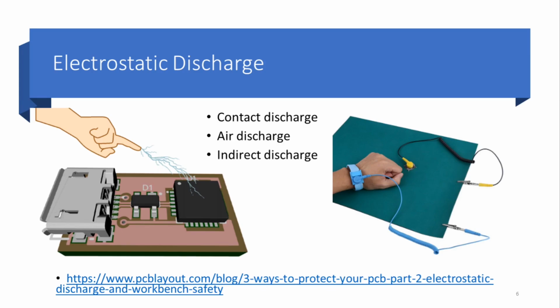ESD can occur due to factors such as improper insulation or defective grounding in the circuit of the instrument. It can hamper or interfere with the operations of an electronic device in three ways: the direct contact discharge, the discharging through air gap, or indirect discharge. So, we have three major types to look at.